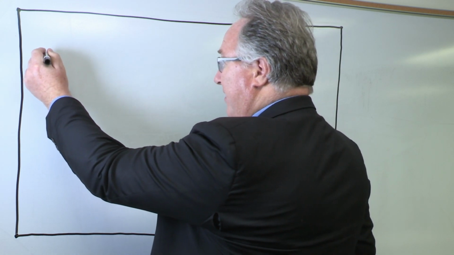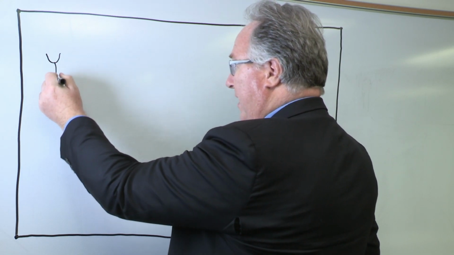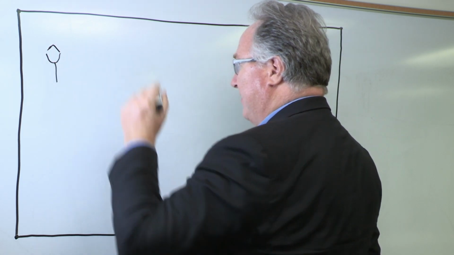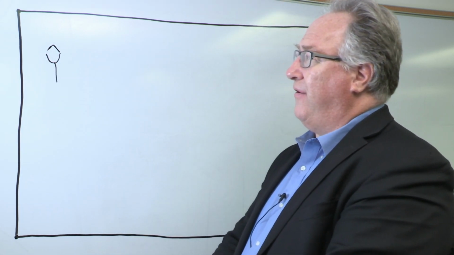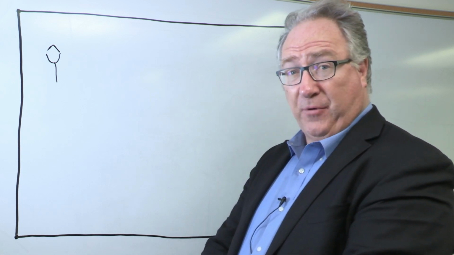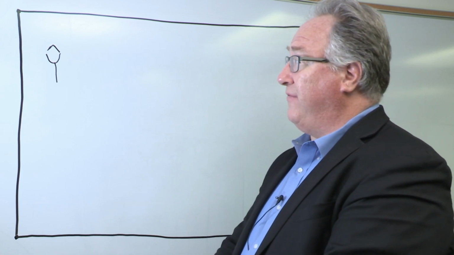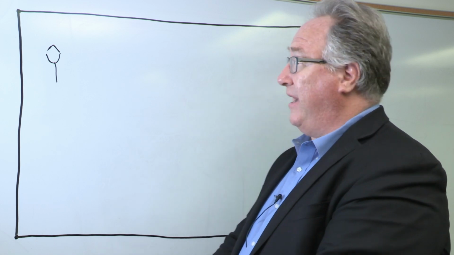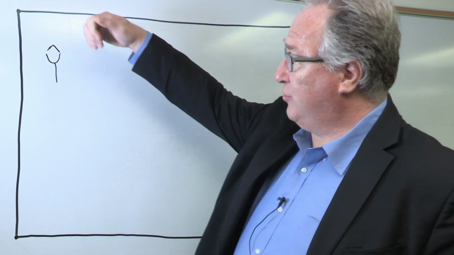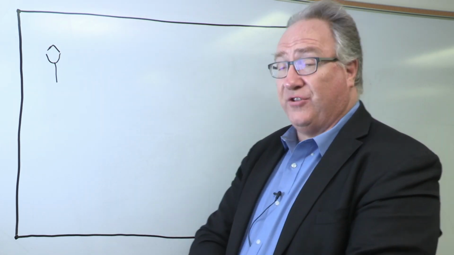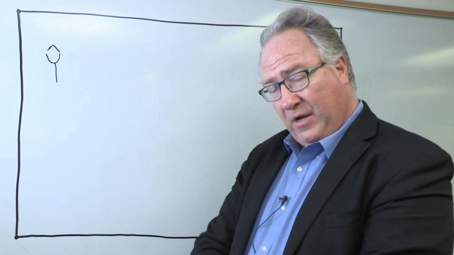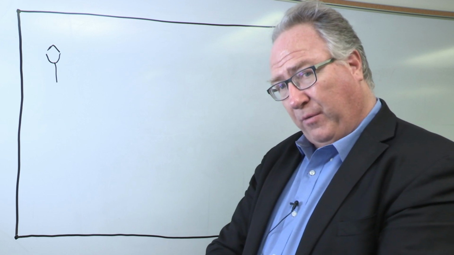We have y hat, and that's the fancy dressed up y, because for each participant in your sample, you have two scores. You have the score on y without the hat, which is the observed score on the outcome variable measure.